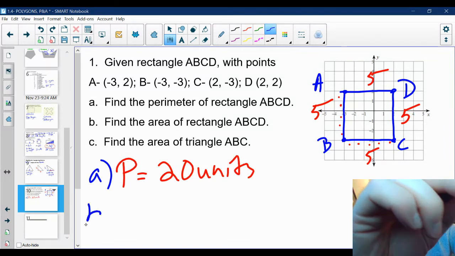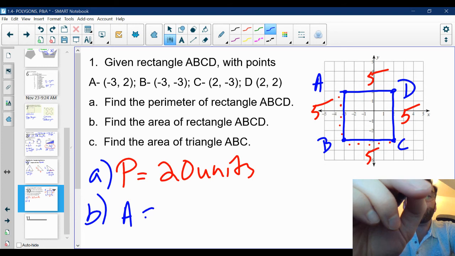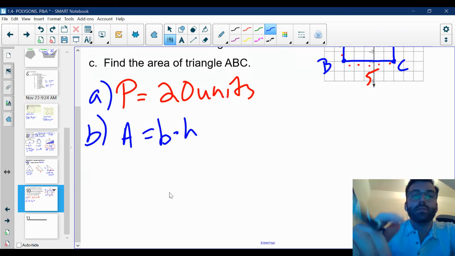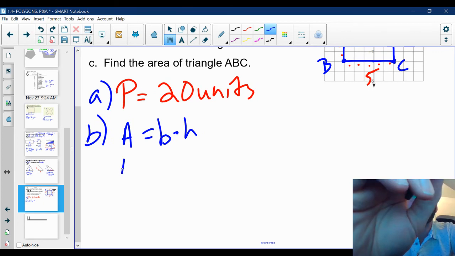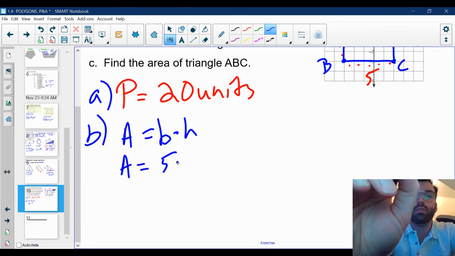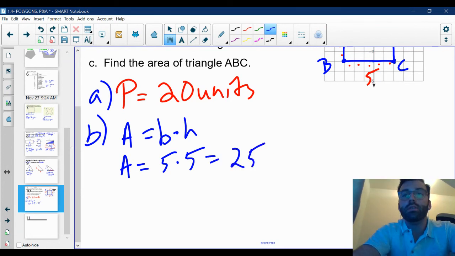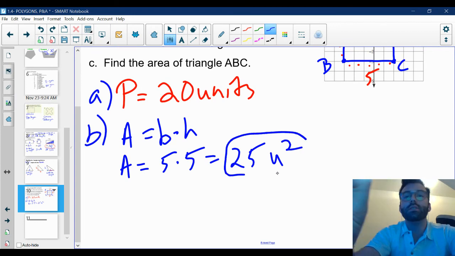Part B asks for the area. Area equals base times height. So the area equals 5 times 5, which is 25 units squared. Area is always measured in square units.